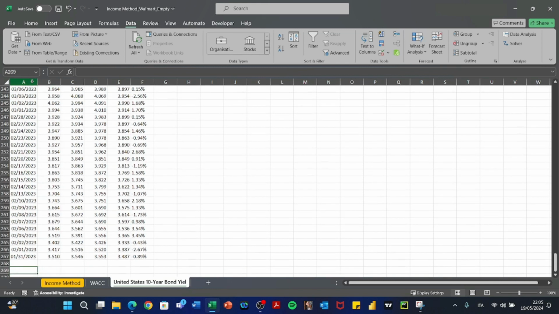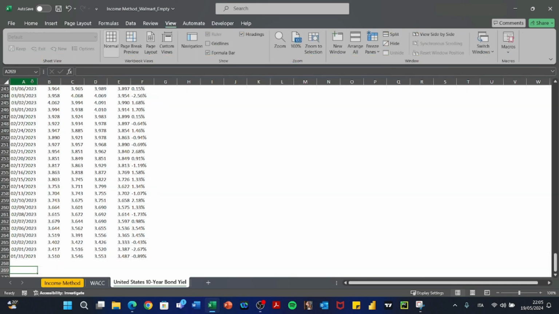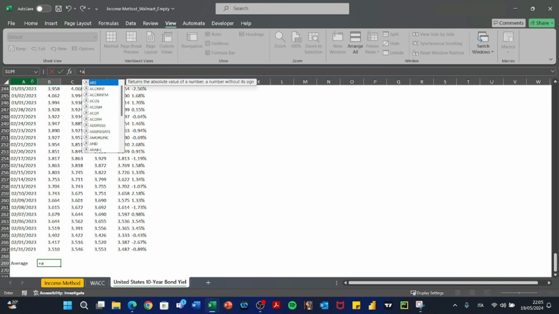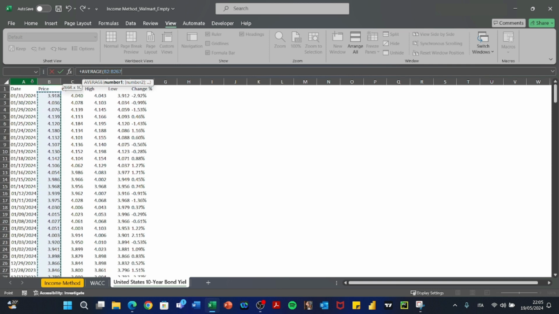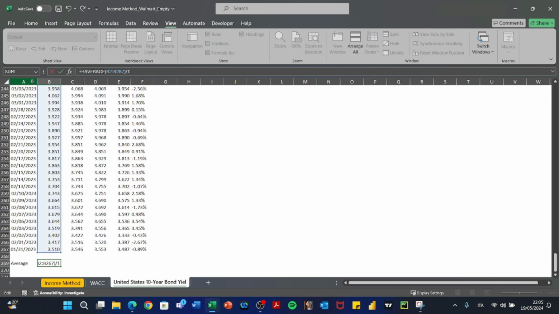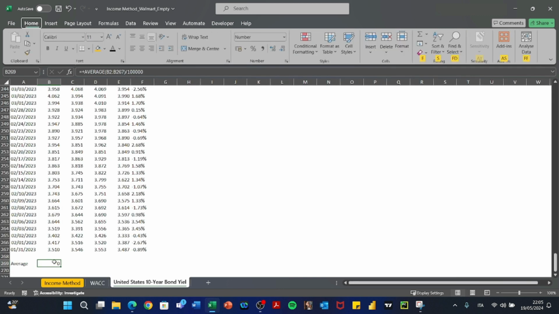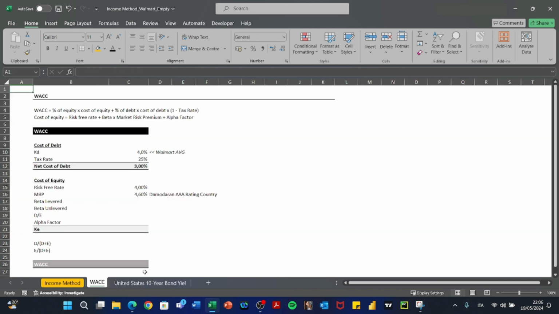Okay, let's cancel the grid lines. Let's compute the average. Divided by... not correct. Another 0. Okay, perfect.